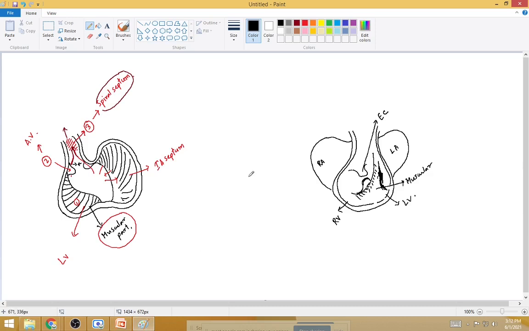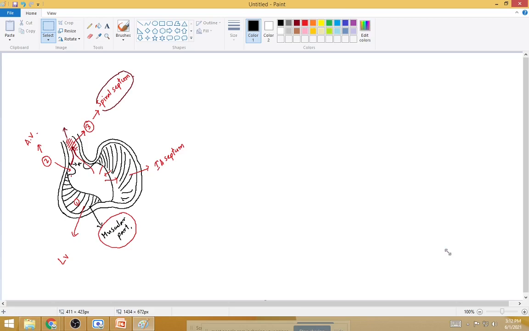Now why it is not clear I can understand, because you are not clear about the anatomy of the heart since it has not yet started. When you see the anatomy of the heart, if you open it, the pulmonary trunk lies like that.